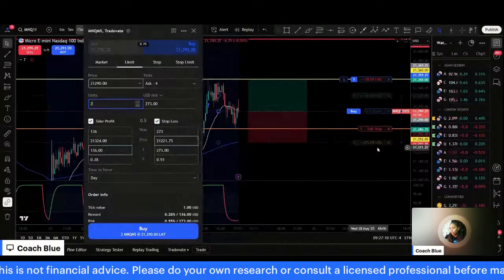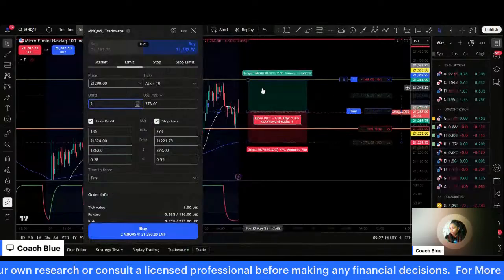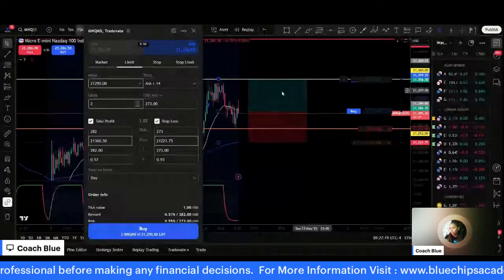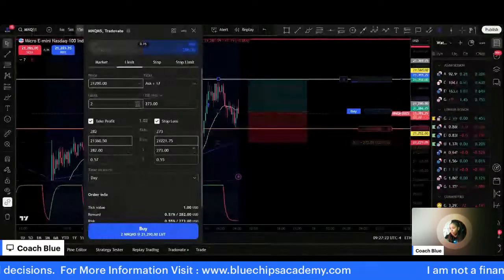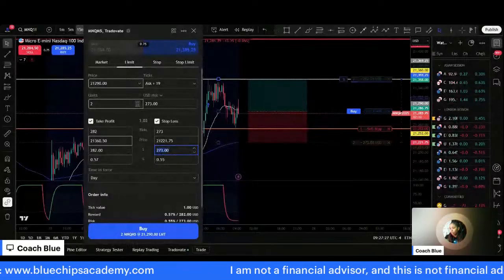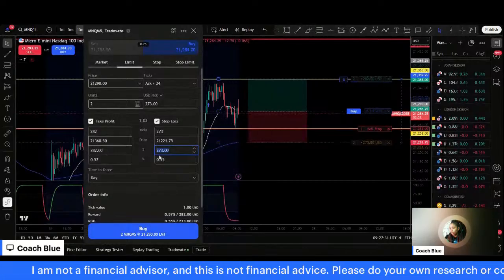Now I'm risking a different amount. I'm risking $273 to possibly gain, in this case, $282. So $282, and I'm risking $273. All right. So that's the basis of what we're looking at when you're measuring your trades.